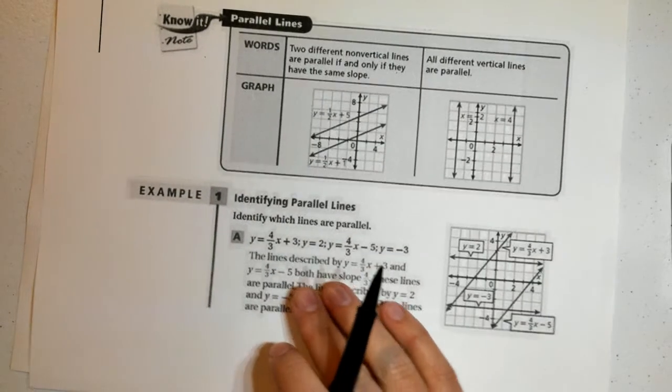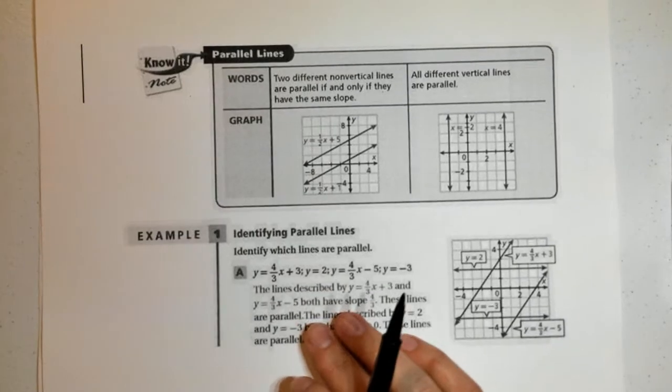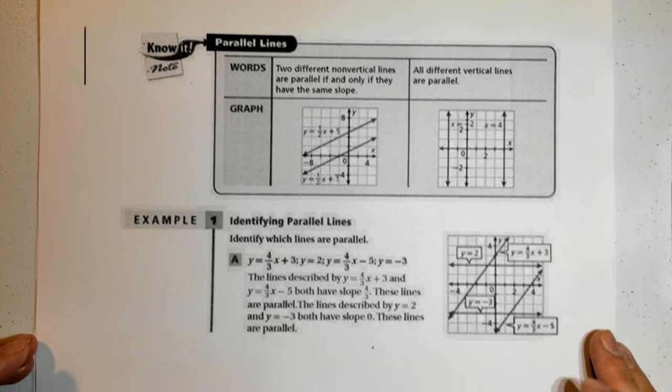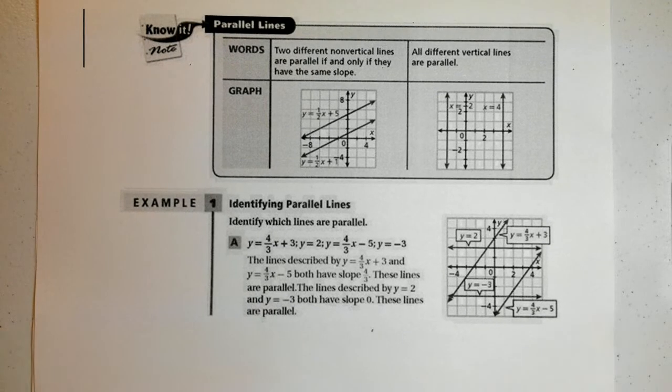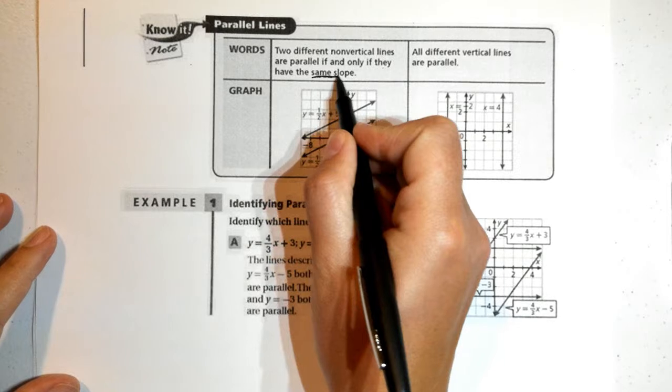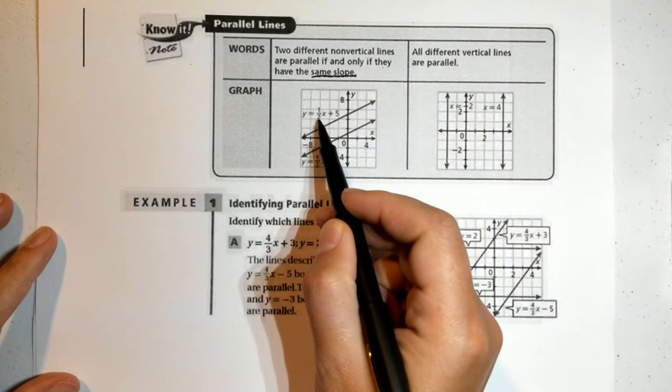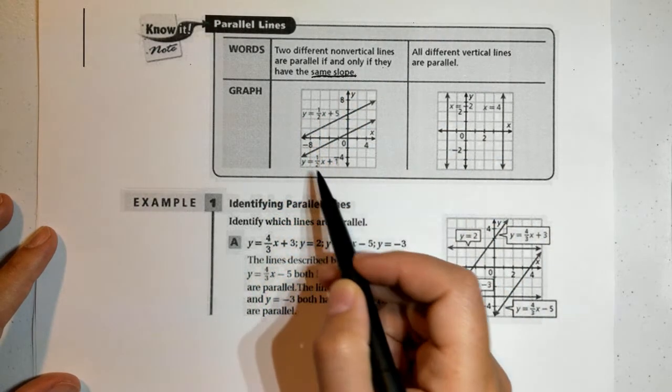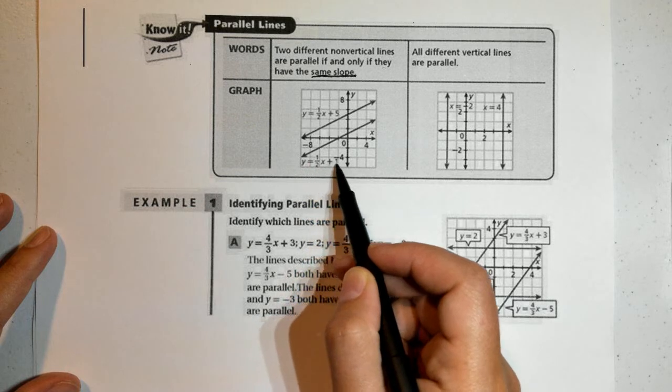So now we're going to go ahead and look at example 1. Parallel lines, just a few things to note. Two different non-vertical lines are parallel if and only if they have the same slope. So having the same slope is going to be important. Here we have y equals 1/2 x plus 5 and y equals 1/2 x plus 1.